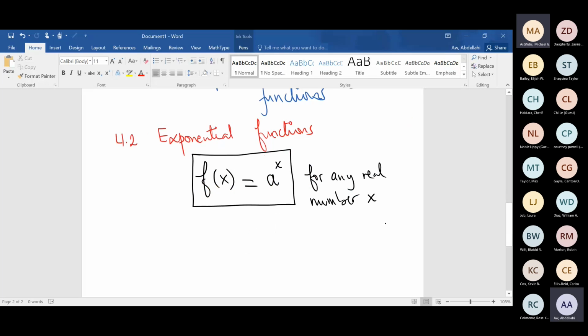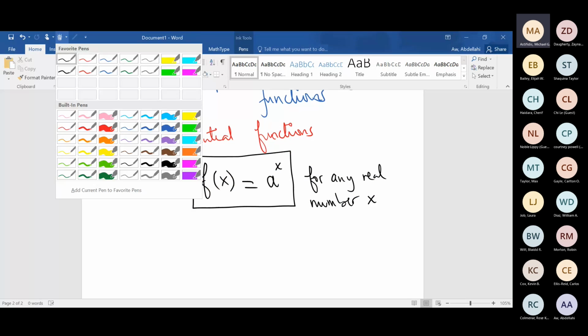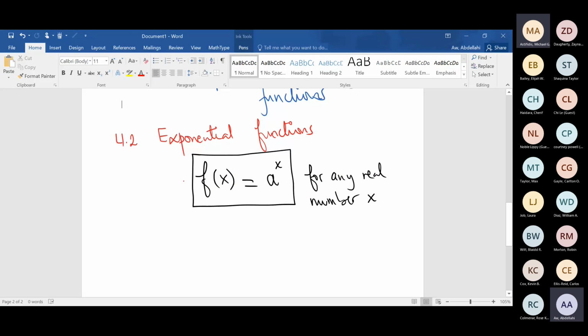That makes sense only if a has to be positive, right? If a is a negative number, then the exponent cannot be any number. If we allow the exponent to be any number, then we cannot allow a to be negative, because then it's going to be so problematic, right? And a cannot be 1.